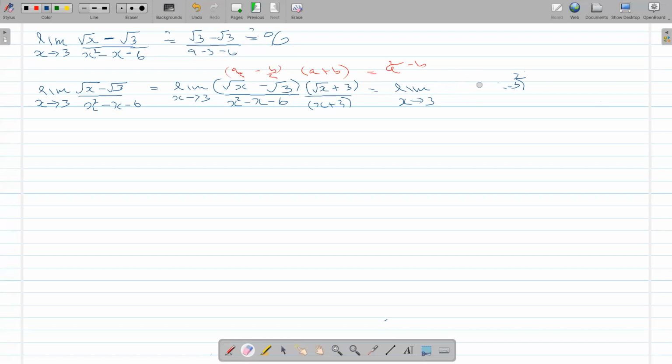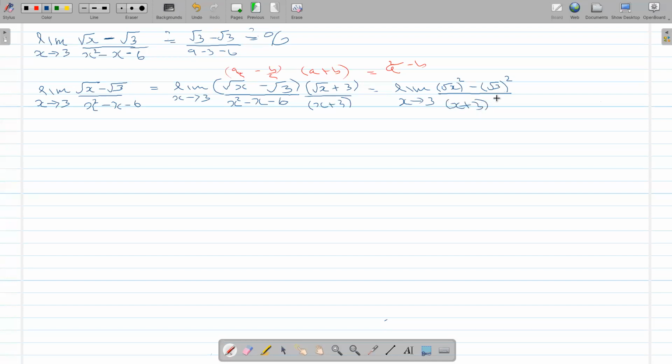Okay. Square root of x because a is square root x, minus... the denominator, you get this one.